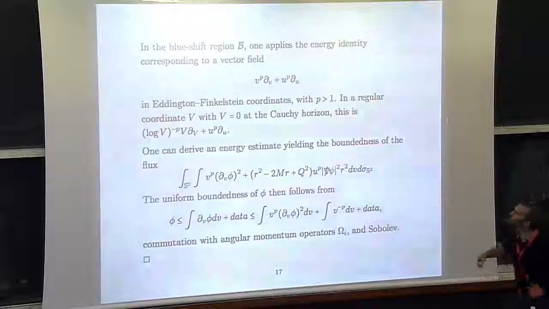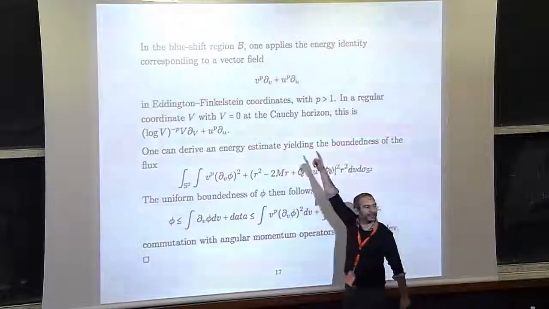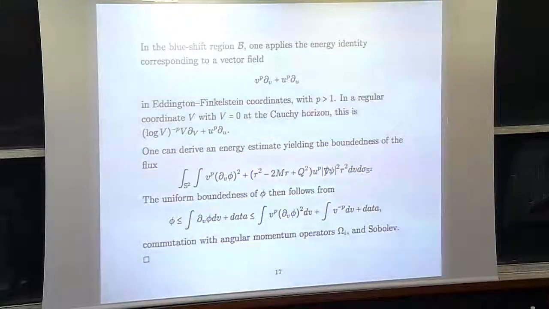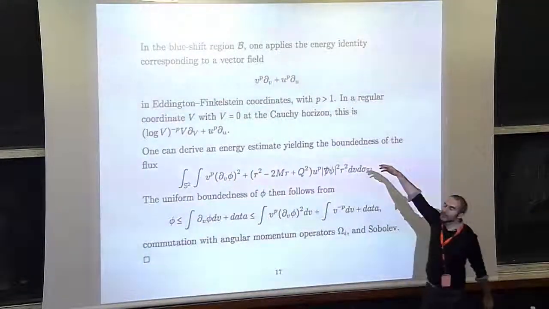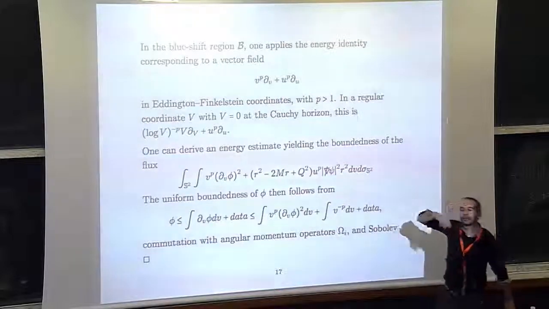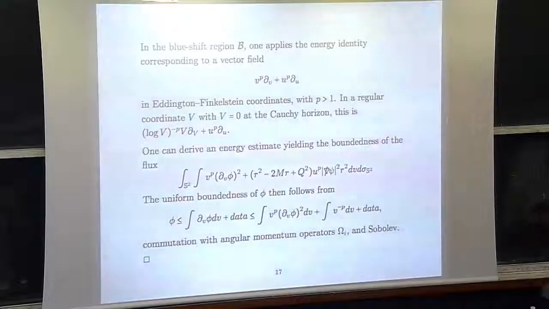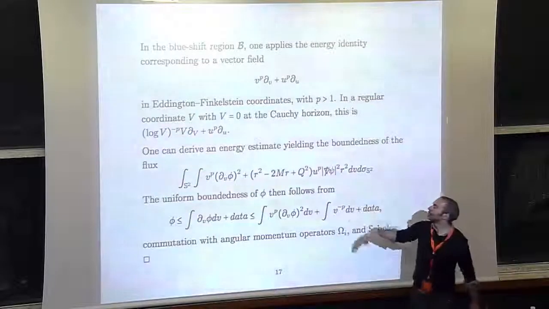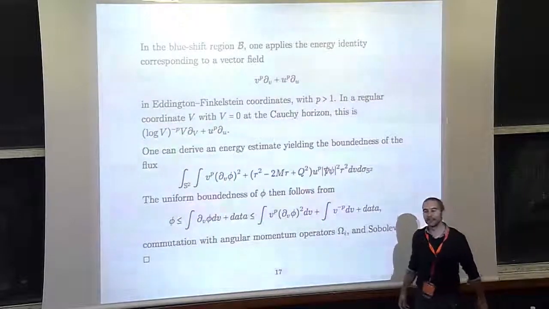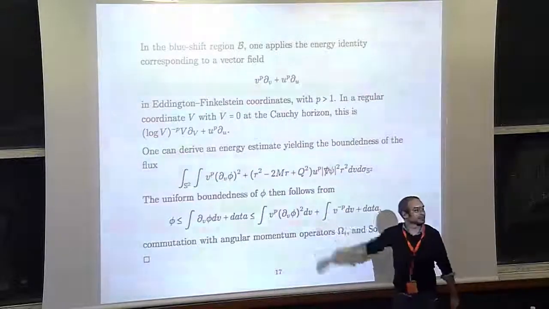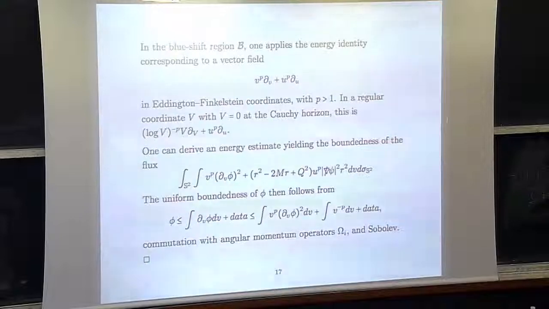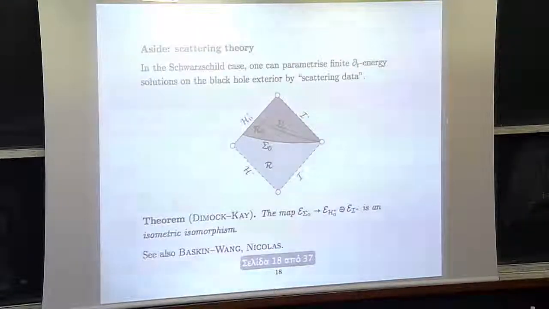If you pick a p which is bigger than 1 but less than this 1 plus delta, the room that you have from the flux, then you can derive weighted energy estimates in the blueshift region corresponding to this vector field. And you finally control a weighted flux of this form. And then you can think that uniform boundedness of phi follows from the boundedness of this weighted flux. So this is really a cartoon of the proof.